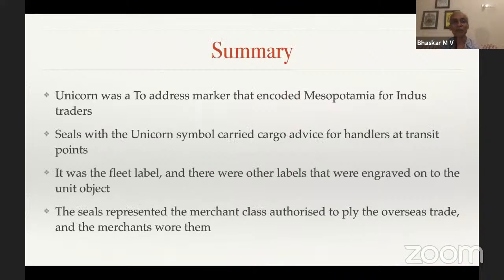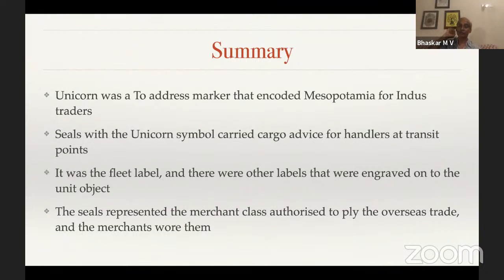So, in summary, unicorn was a two-address marker that encoded Mesopotamia for Indus traders. It never encoded Mesopotamia for the Mesopotamians. Meaning, I did not ultimately deliver the goods with the unicorn imagery in Uruk or in Mesopotamian territory.